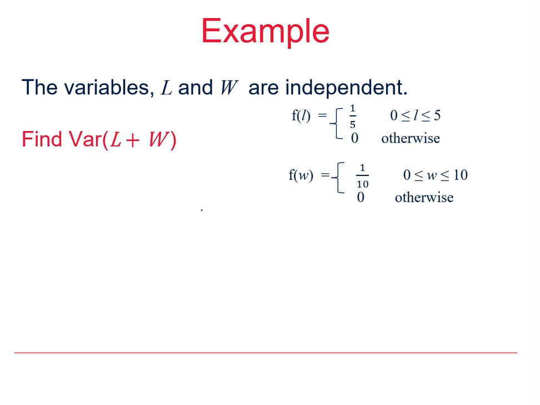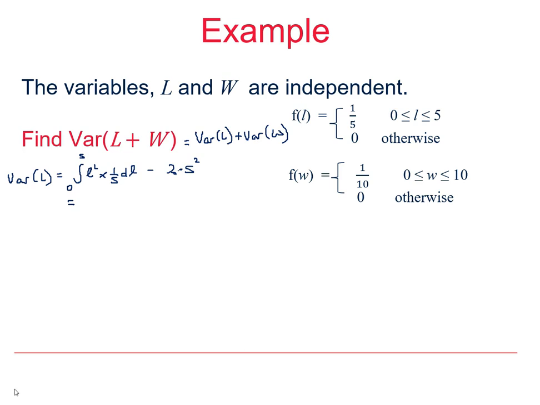If we now look at the variance of L plus W, that would simply be the variance of L plus the variance of W. The variance of L would be the integral of L squared multiplied by the PDF dL between 0 and 5, minus the mean squared. So E of L squared minus E of L, the expected value of L, squared.